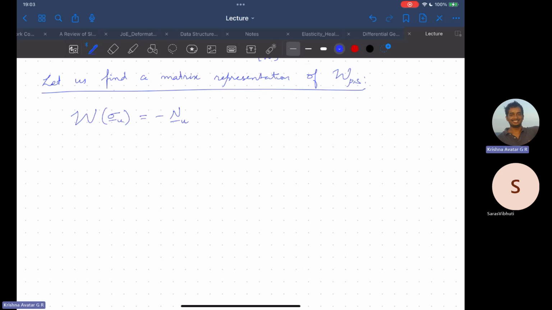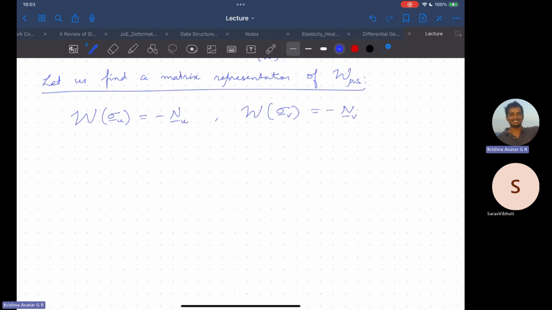We also knew that we could derive that W of sigma_v gives us minus n_v. So we could do this at least.